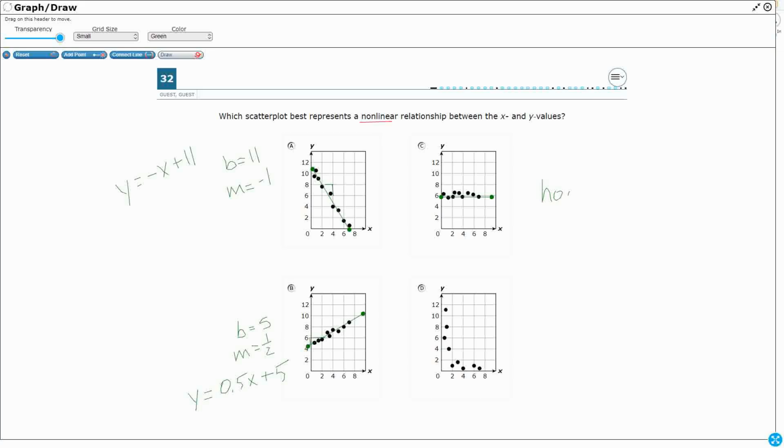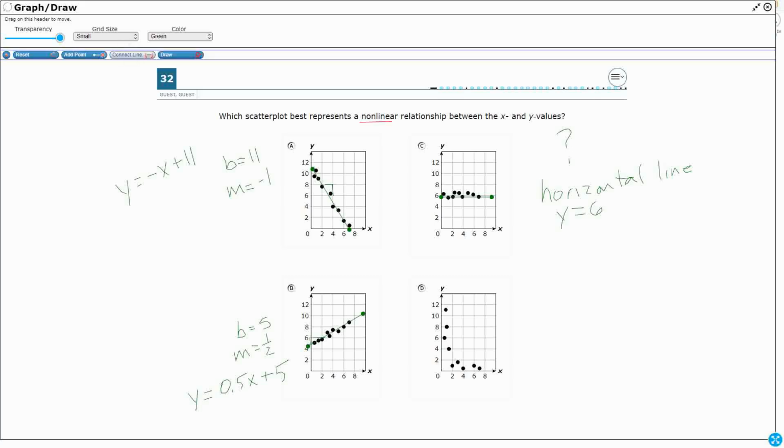When we have a horizontal line, we don't necessarily have a slope. What we have is something that looks like this, y equals a constant. So maybe this one might be a nonlinear relationship because, I mean, I am drawing a line there, but it's not in this regular form of y equals mx plus b. So maybe on C, let's check D.